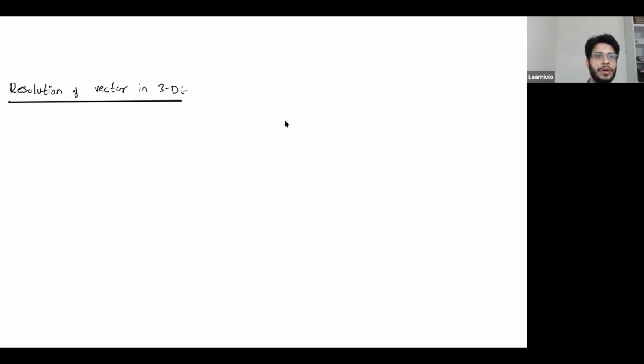When we resolve a vector in 3D, I need x, y, and z all. This is the x-axis, this is the y-axis, and this is the z-axis.